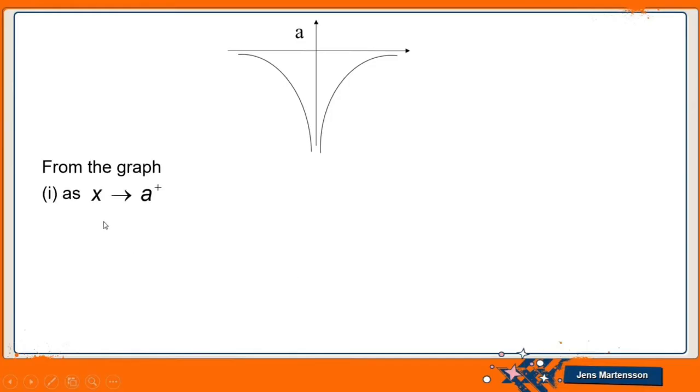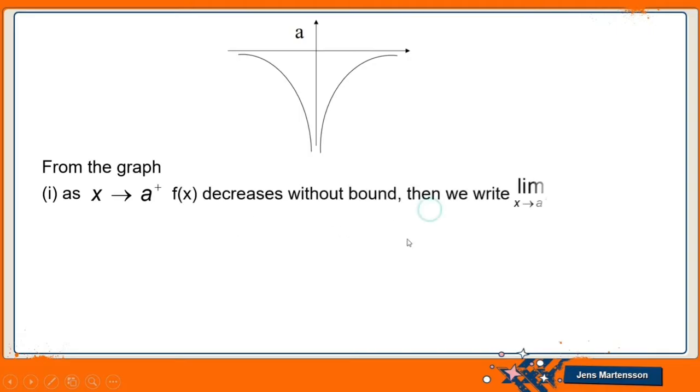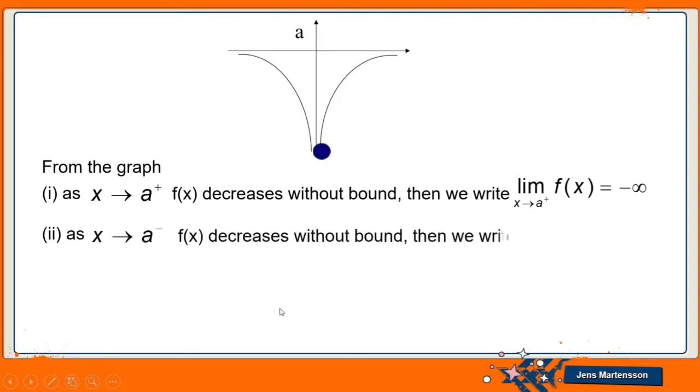From the graph, as x approaches a from the right, f(x) decreases without bound. Then we write limit f(x) when x approaches a from the right equals negative infinity. Number 2, as x approaches a from the left, f(x) decreases without bound.